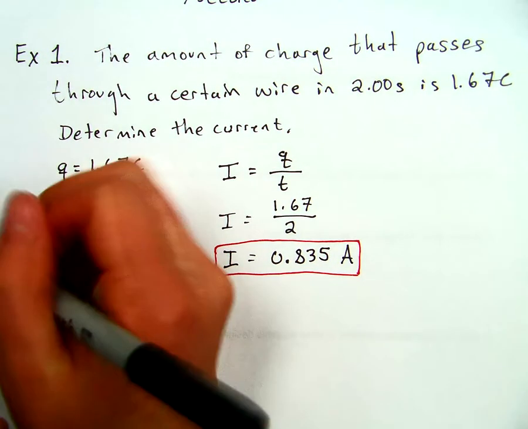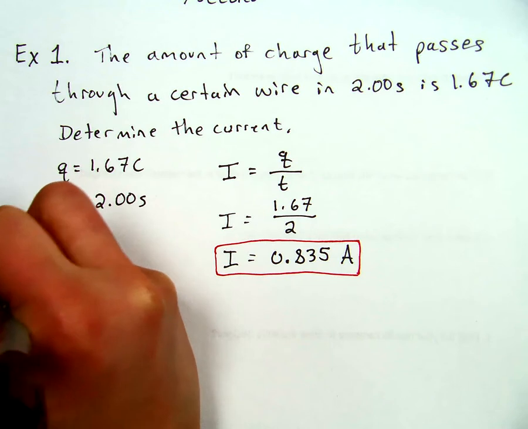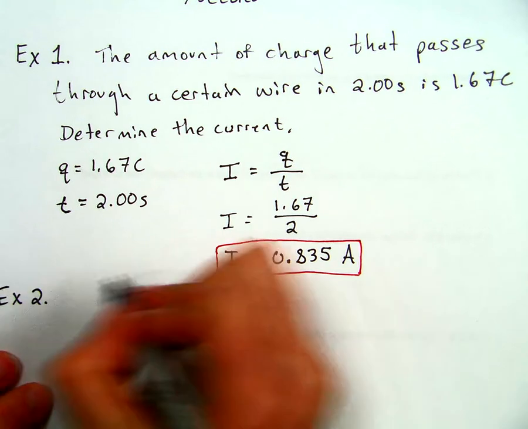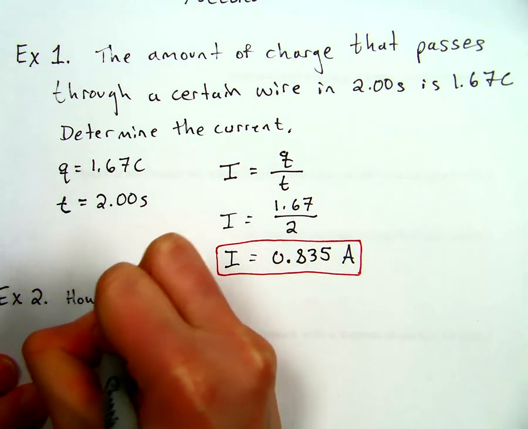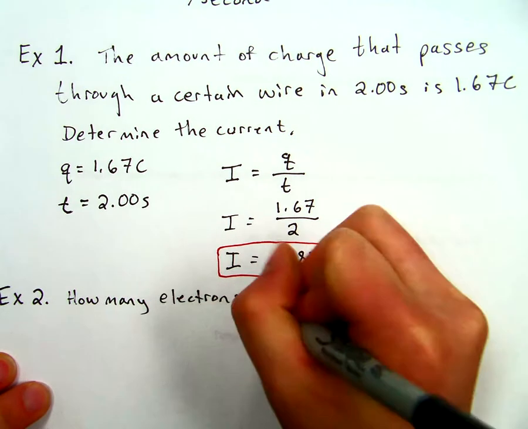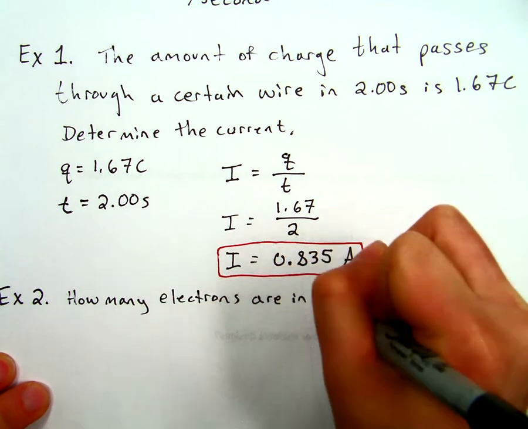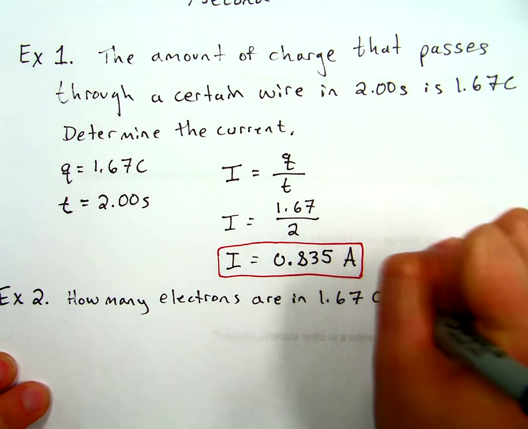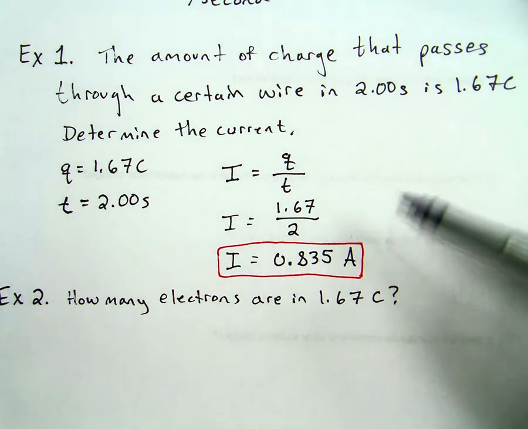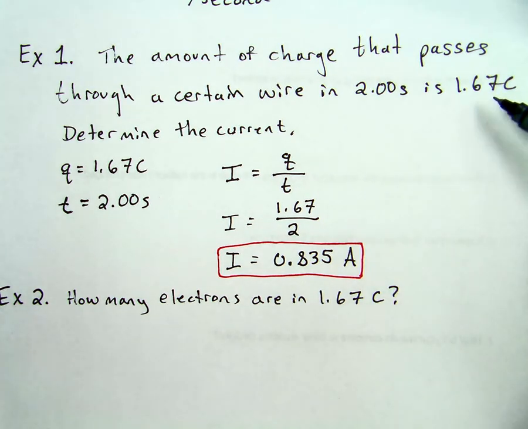The other type of problem you may see, and I know there's 1 or 2 on your WebAssign, is how many electrons are in 1.67 coulombs. The reason I'm using 1.67 coulombs is because we used it up here in example 1.